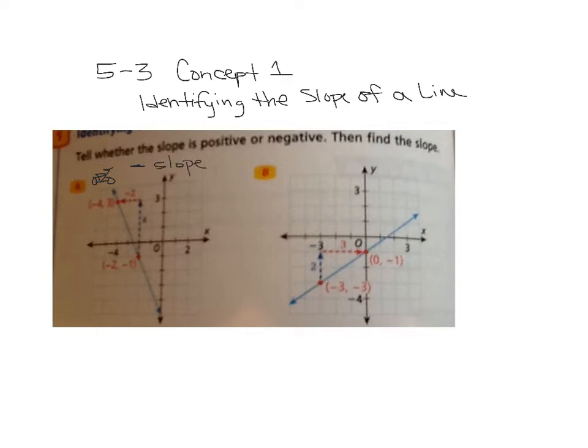If you have your bike on the left, and as you can see, I'm really good at drawing bikes, if you have your bike at the left of the hill and you're going to be going uphill, you have a positive slope. Okay, because you're gaining altitude.